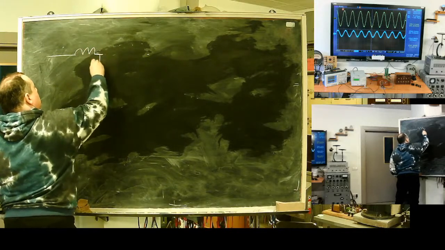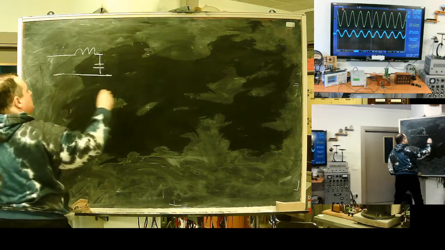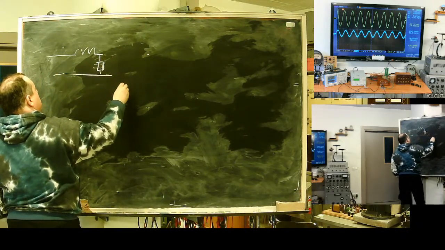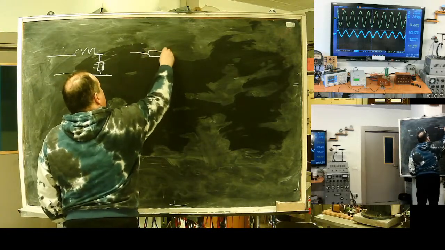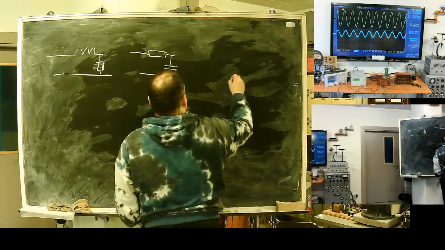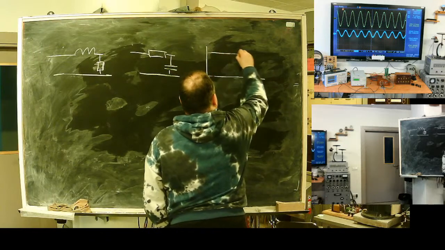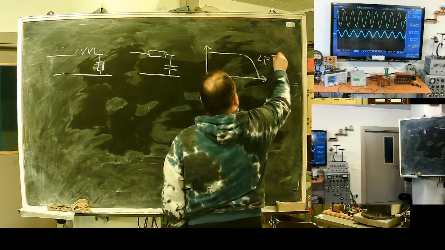Coil in series is the same as capacitor in parallel: low pass filter.